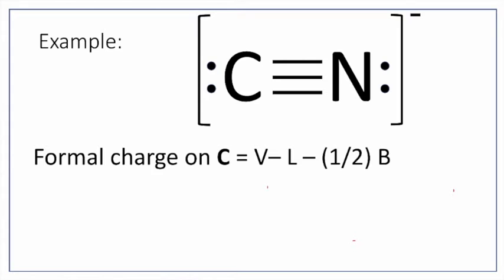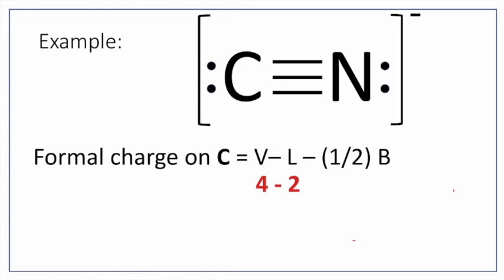So if we remember what the valence is on carbon, that's going to be 4. We're now going to subtract the number of lone pair electrons, and we see we have 2 of them. So let's subtract 2. Now we're going to subtract half the number of the electrons in the bonds, the bonding electrons. We have a triple bond here.